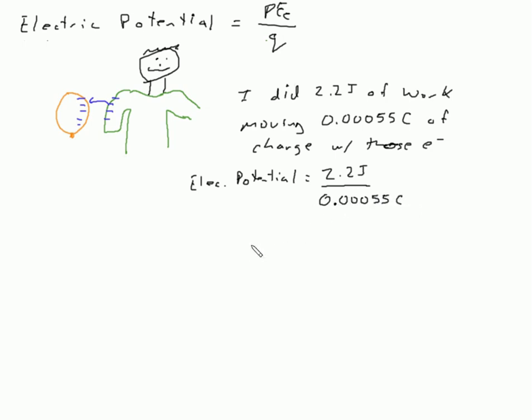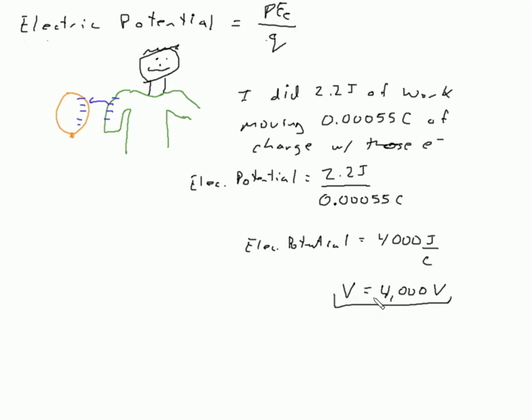And so that's going to give me an electric potential of about 4,000 joules per coulomb, or as is commonly referred to, in the units of 4,000 volts. So we might call that a voltage, or more properly, electric potential, of 4,000 volts.